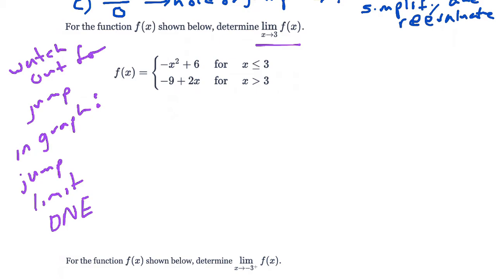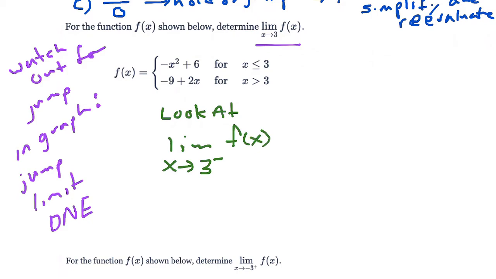We need to look at what the limit as x goes towards 3 from the left side of f of x equals. And we also need to look at the limit as x goes towards 3 from the right side of f of x is equal to.